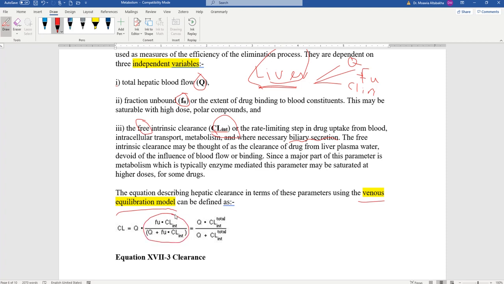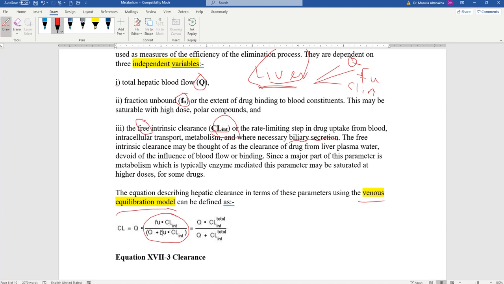So the extraction ratio can be calculated by the fraction unbound, as we said from 0 to 1, multiplied by the intrinsic clearance. Of course the intrinsic clearance will have the unit of clearance, for example ml per minute.